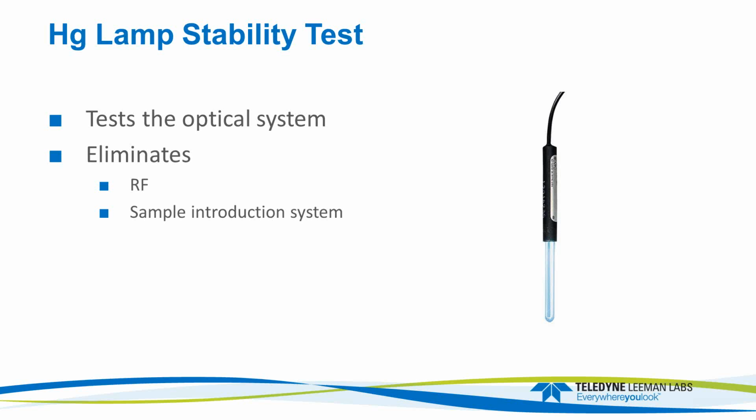On our early systems, the mercury lamp would actually move in and out of the optical path. Right now, we have what we call the source mirror, which selects the optimum position in the plasma in both the axial and radial views, and can also change position and allow the light from the mercury lamp to get into the optical system.